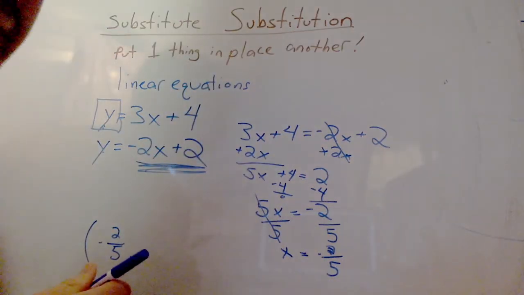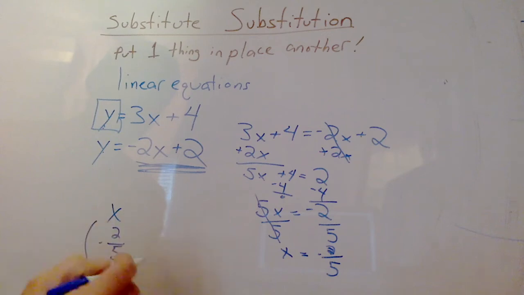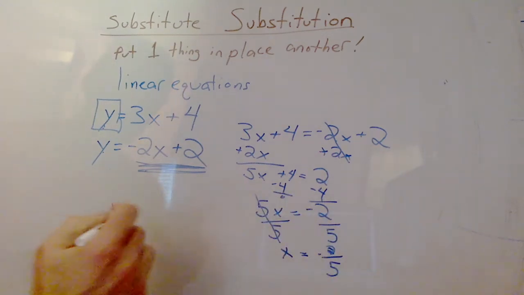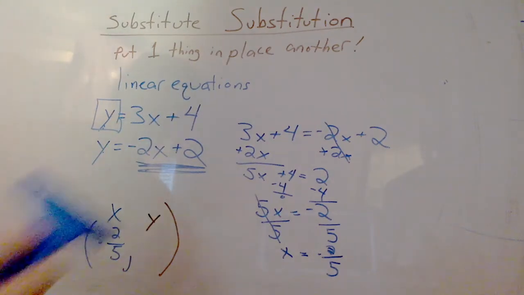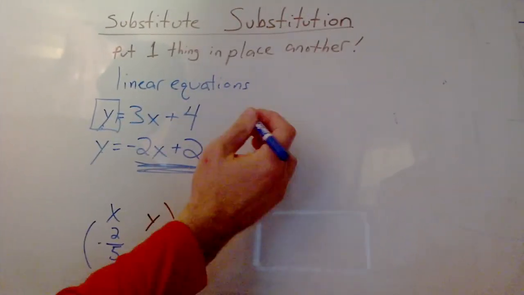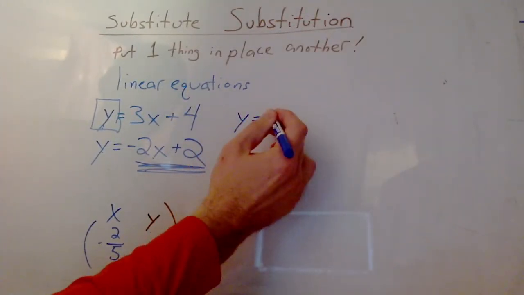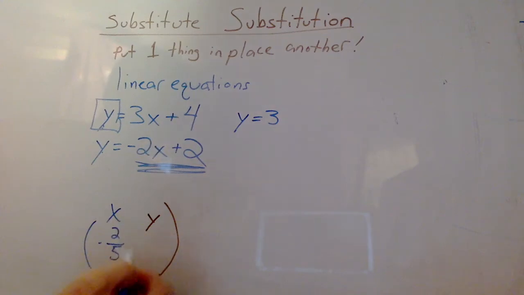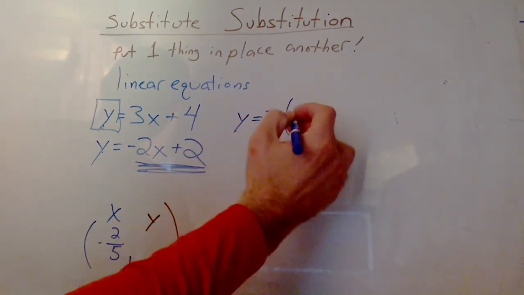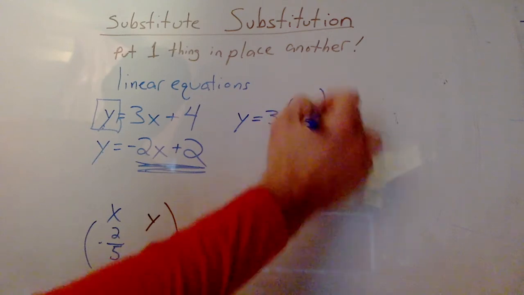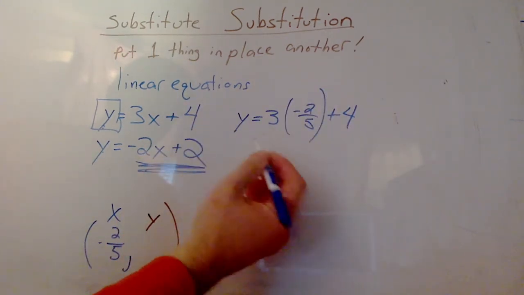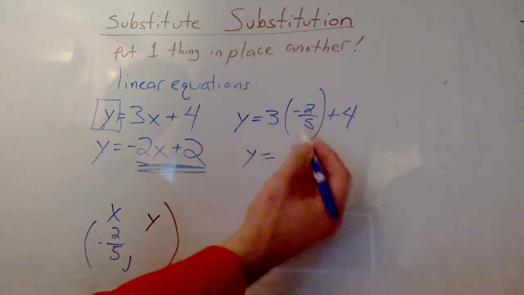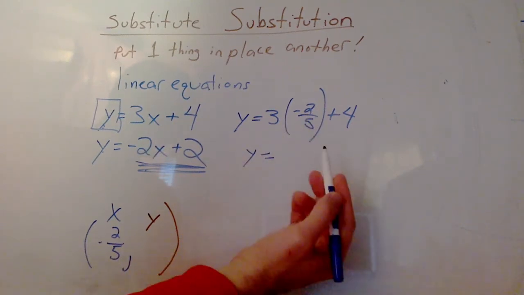How can I solve for y? If this is my x value, I can plug in x into either equation to figure out the y. Let's do that for both. So the first equation, y equals 3, and remember, in place of x, I'm putting negative 2 fifths. So 3 times negative 2 fifths plus 4. Let's simplify this to see what y equals. 3 times negative 2 fifths is negative 6 fifths.